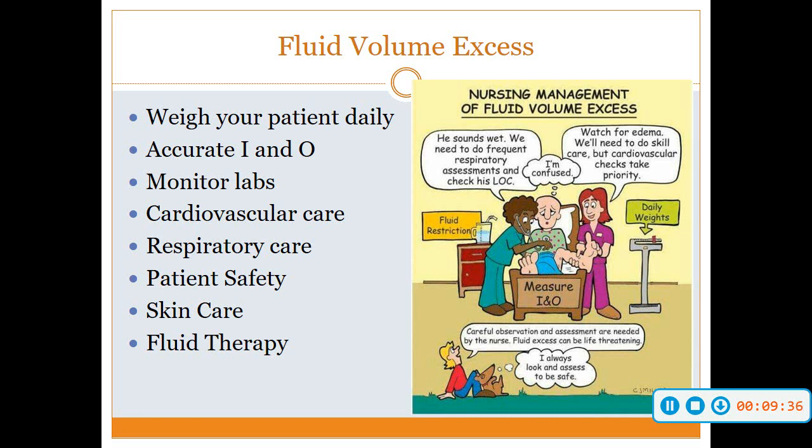Wound, tube drainage, anything that's coming out of any drains, wound vacs, JP drains. Okay, if they're vomiting, we measure that. Diarrhea, we could try to measure that. NG, if it's placed to wall suction, how much is going out, chest tubes.